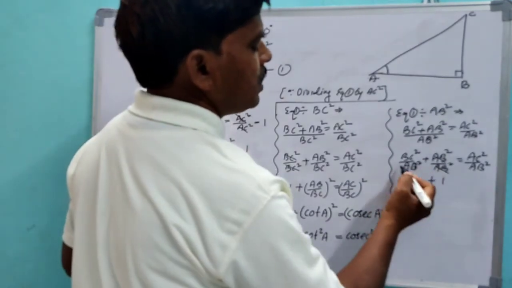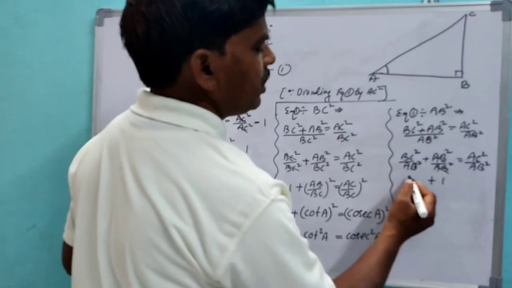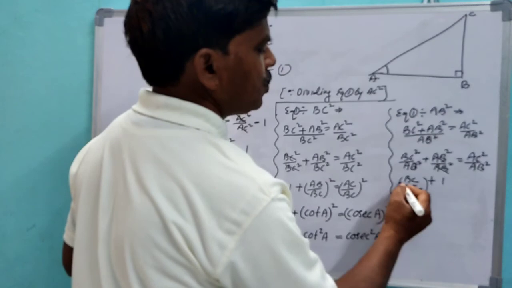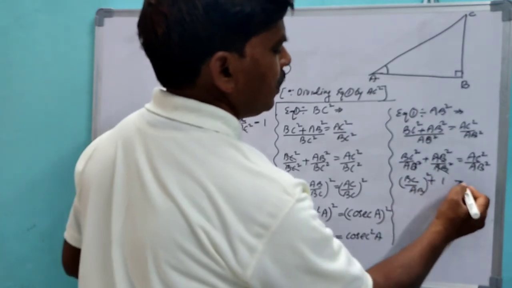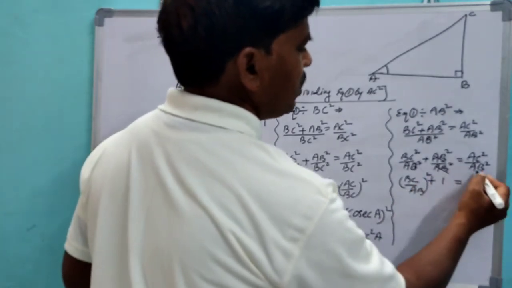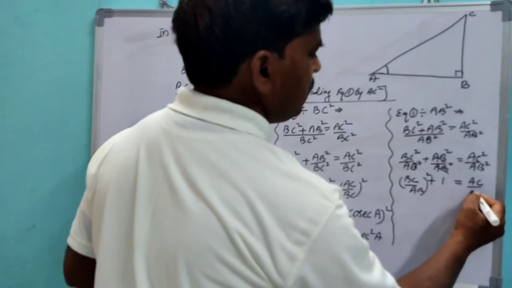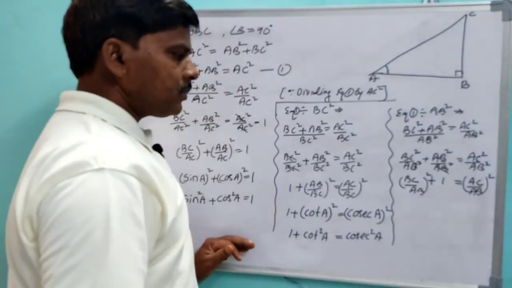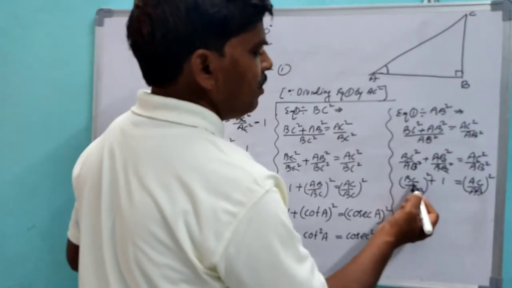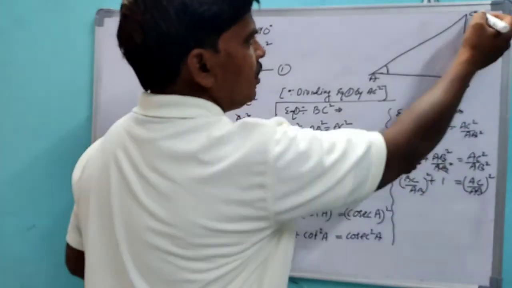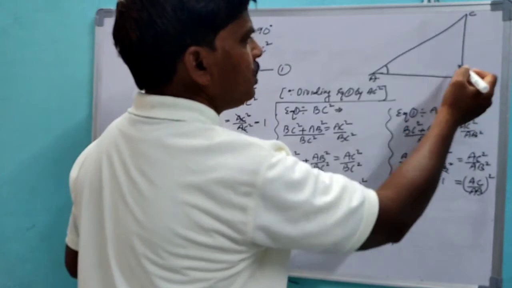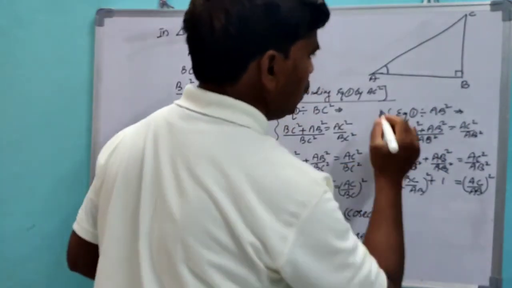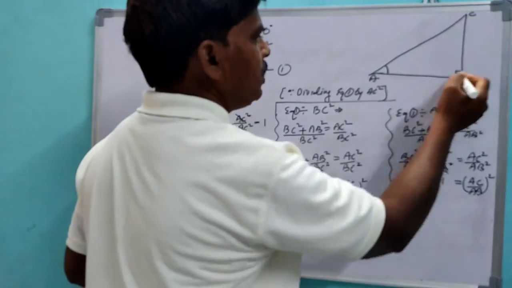Now this BC square by AB square is equal to BC by AB whole square. We can write this as AC square by AB square is equal to AC by AB whole square. Now here BC by AB is opposite by adjacent, that is tan. To this angle, this is opposite and this is adjacent.